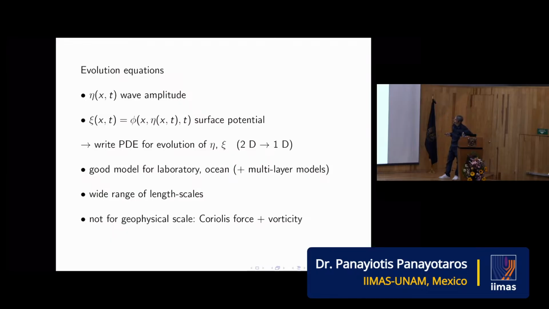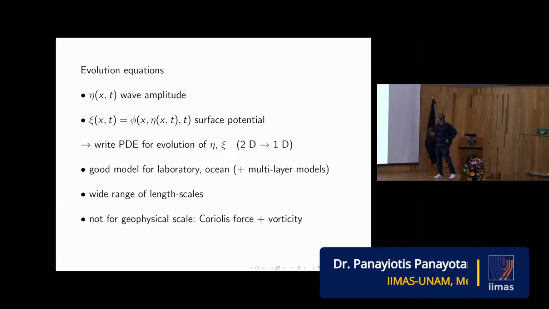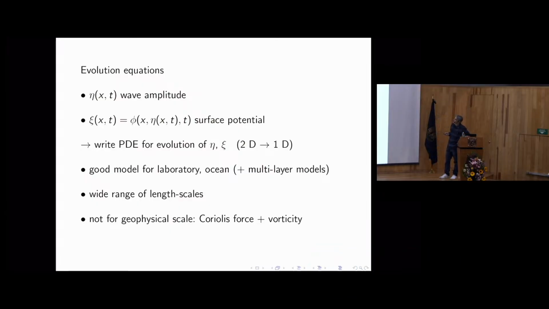One advantage is that we can extract from the standard equations of fluid flow, the Euler equations, a simpler, equivalent equation, where we have this eta that describes the free surface, that I call the wave amplitude, assumed to be the graph of a function. There's no overturning. And the other dynamical quantity is the trace of this harmonic function at the free surface, which I call Xi. So we can write a PDE. I will show it in a second, for the evolution of these 2 quantities.